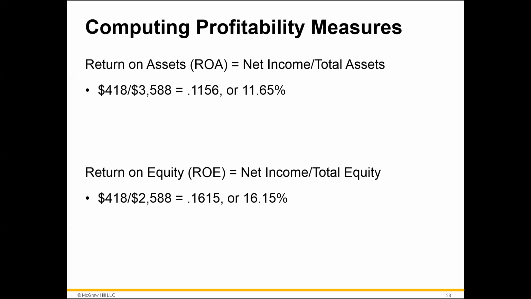So we need to be cautious when interpreting these numbers, because they are based on the accounting measure, not the financial measure. You always need to keep that in mind.